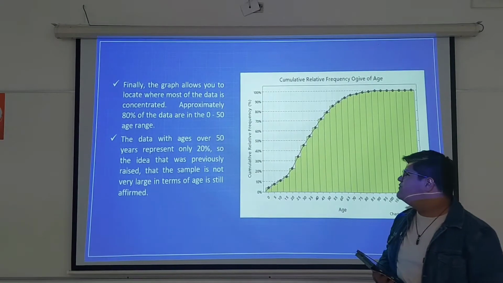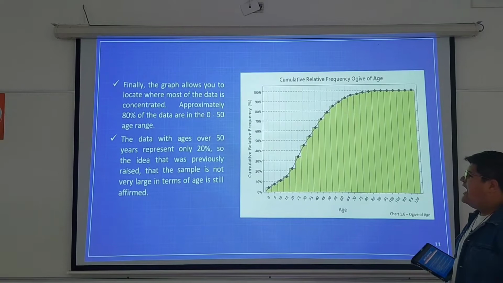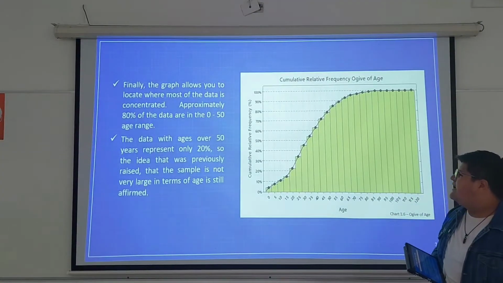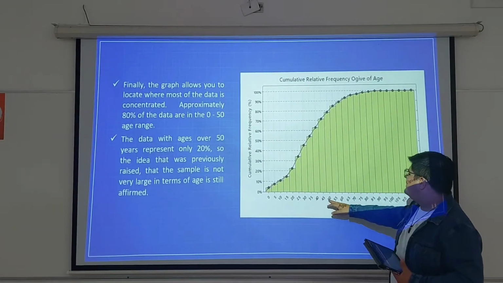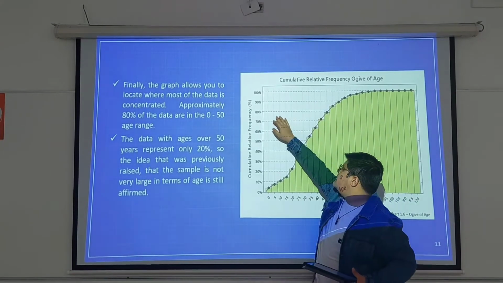And finally, the graph allows you to locate where most of the data is concentrated. Approximately 80% of data are between 0 and 50 years old. Is here. How can I see?